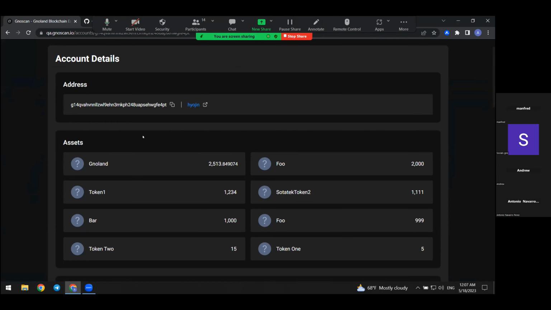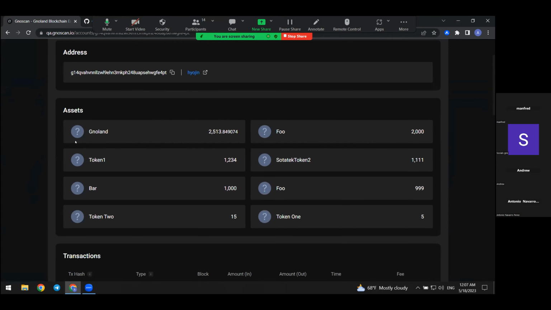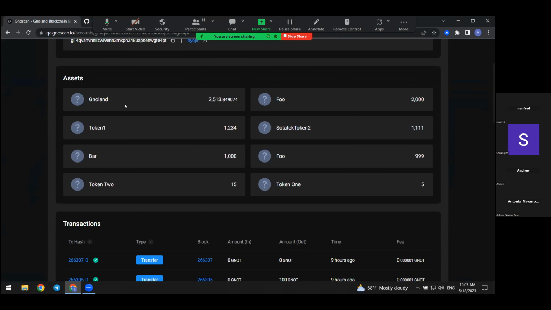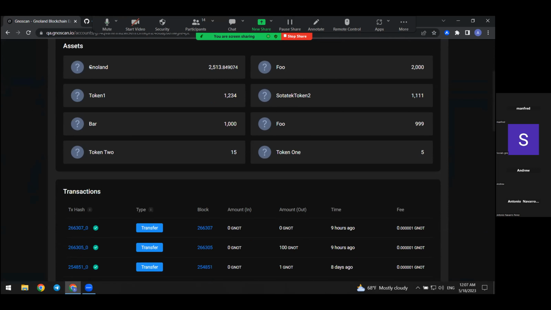One other thing I want to mention is that when you make transactions with native tokens like GNOT, those are actually bank MsgSend. But when you make transactions with GRC20 tokens, it's different: it's VM MsgCall.